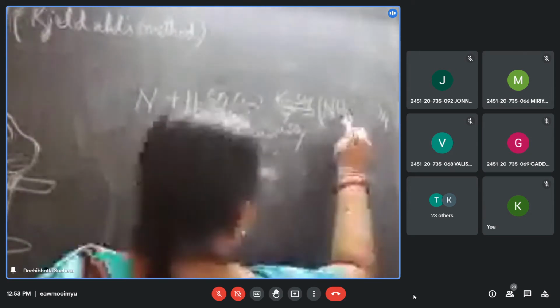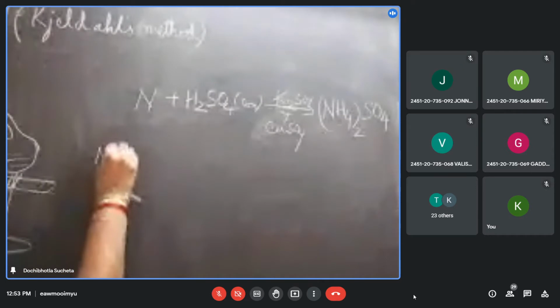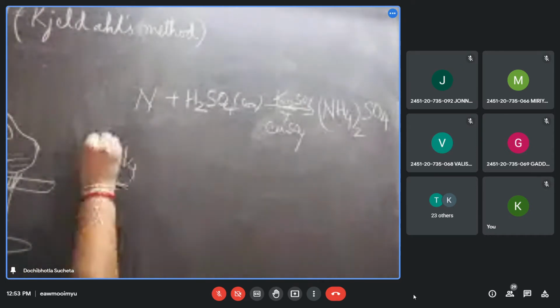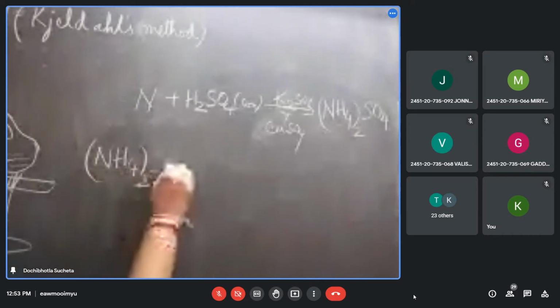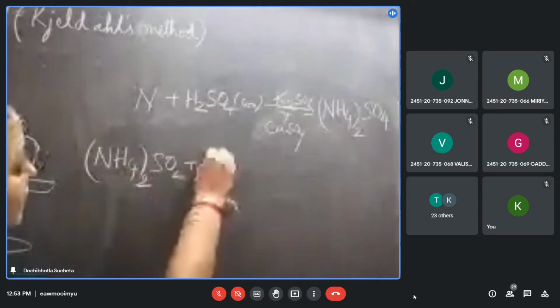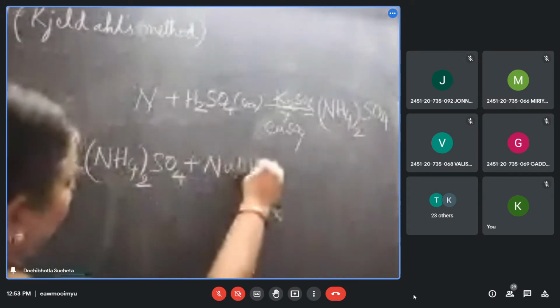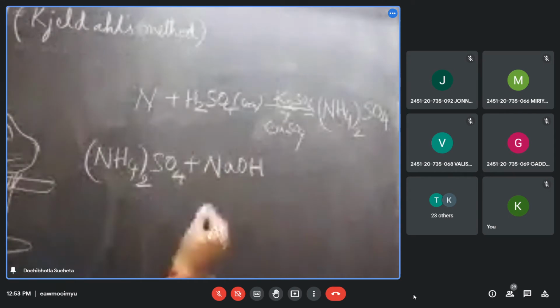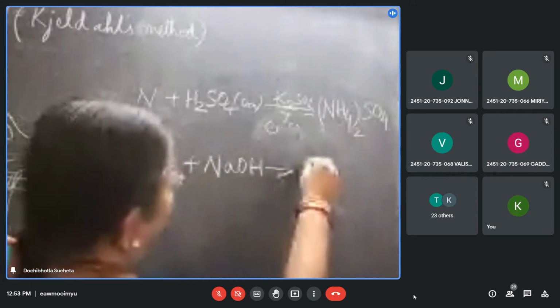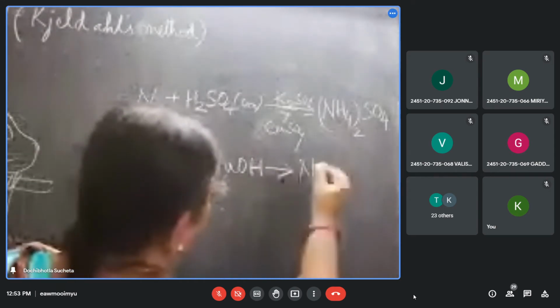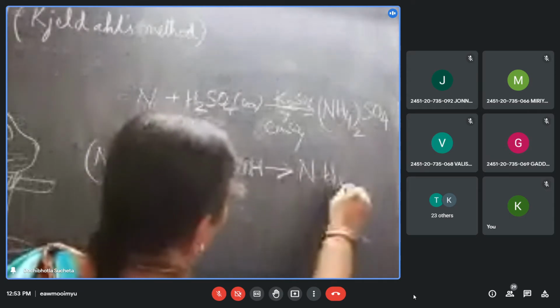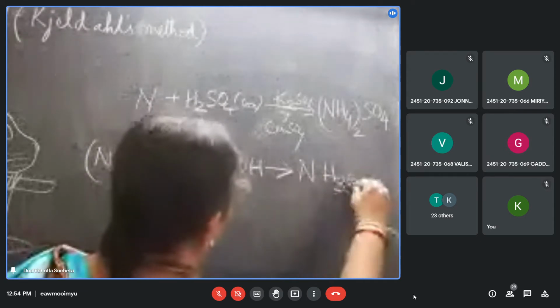I'll take this ammonium sulfate salt and make it react with sodium hydroxide. It will liberate ammonia gas, NH3, which is important for me.